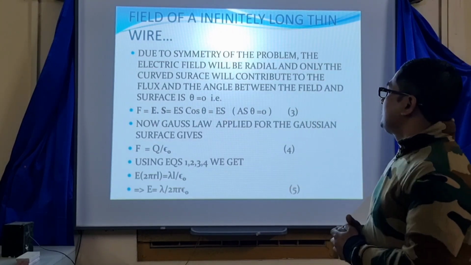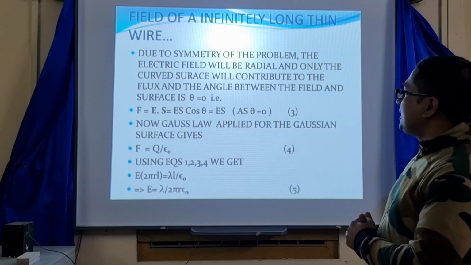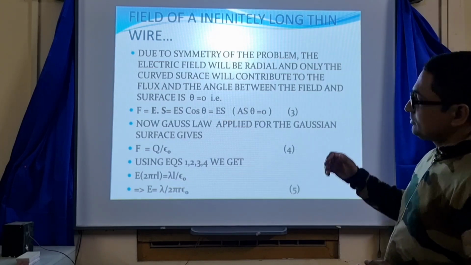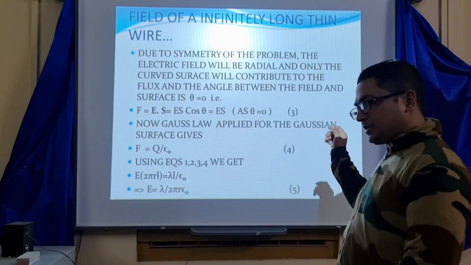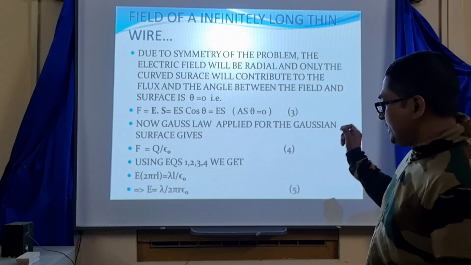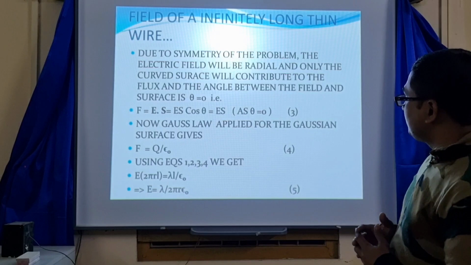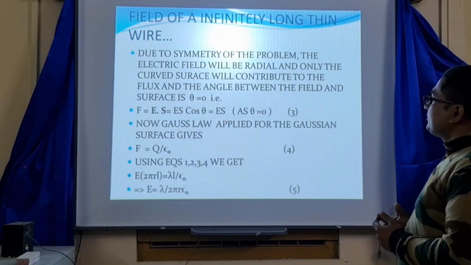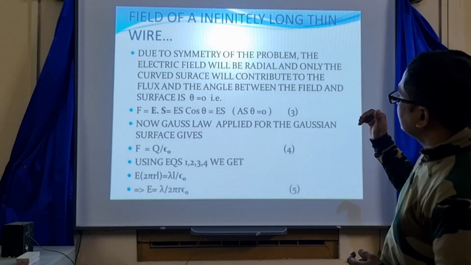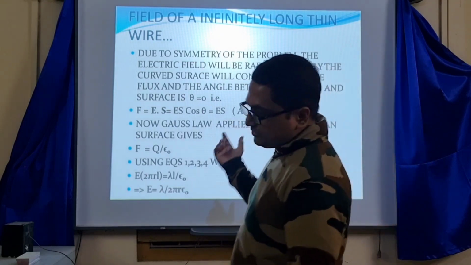Here the electric field will be radial because of symmetry, and only the curved surface will contribute, and the end faces will not contribute.